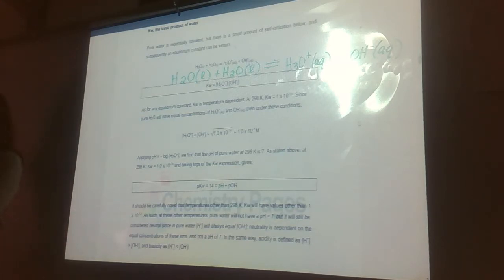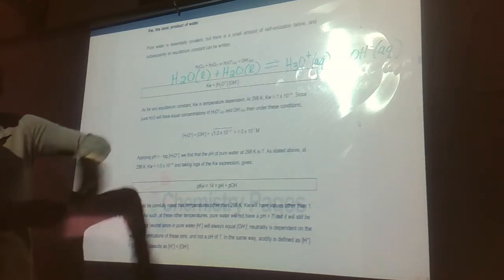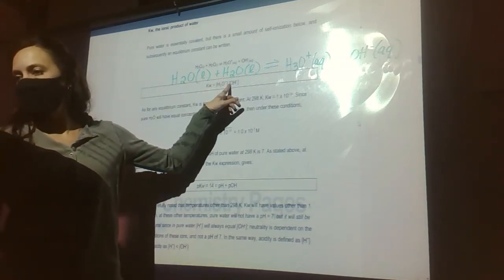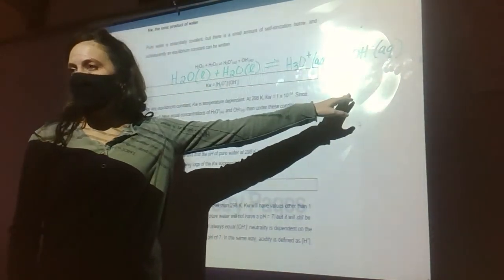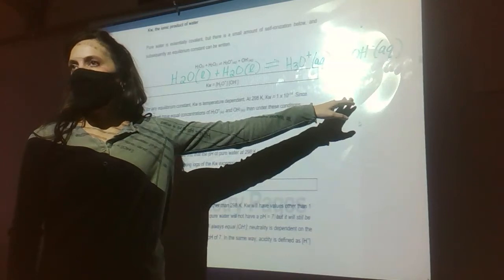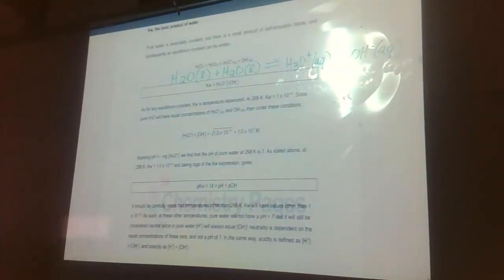It is slightly ionized, meaning some of the water molecules have reacted with each other. Some of them have donated a proton to the others, and you've gotten some hydronium and some hydroxide. When you drink a glass of water, you are drinking some hydronium and some hydroxide. Water is both acidic and basic.